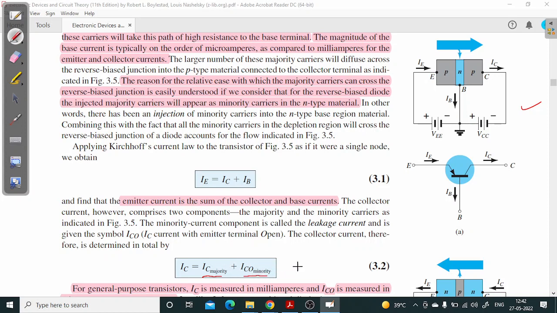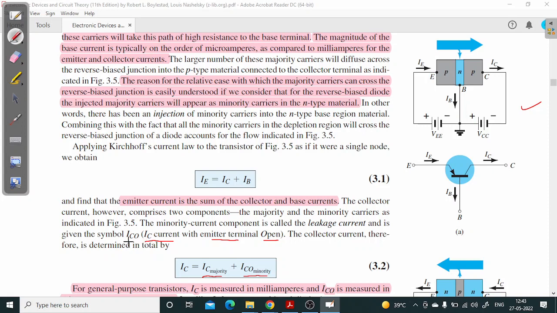This ICO is read like this: IC current with emitter terminal open. Remember, in the very first figure we had only this biasing present, and the emitter base junction was open. In that situation, the reverse current flowing in this loop was called ICBO, that is the current between collector and base when emitter was open, or in short it is also called ICO.